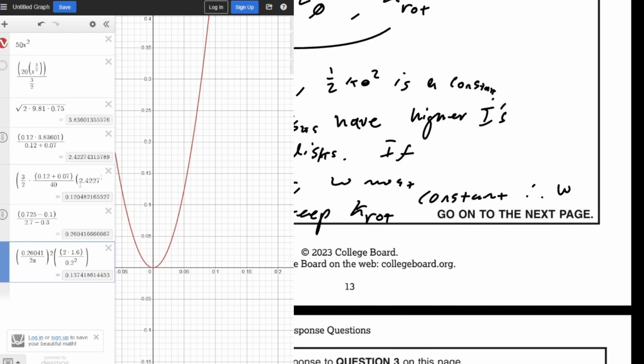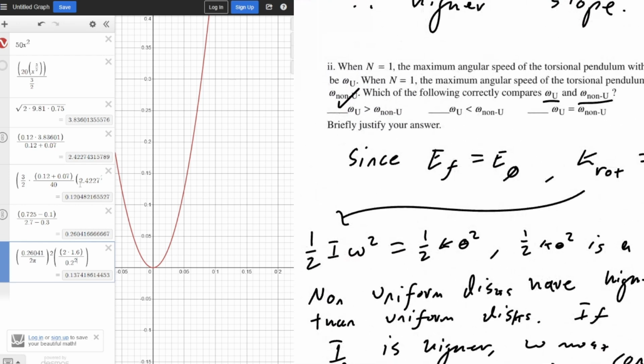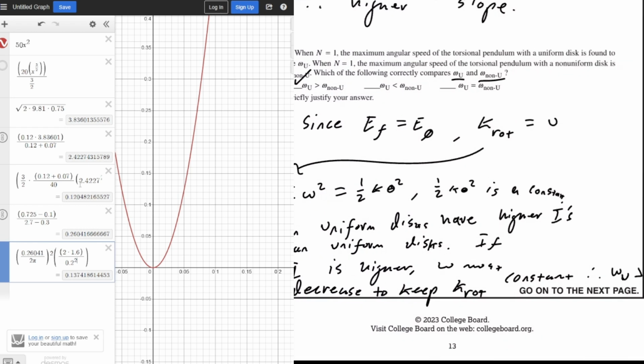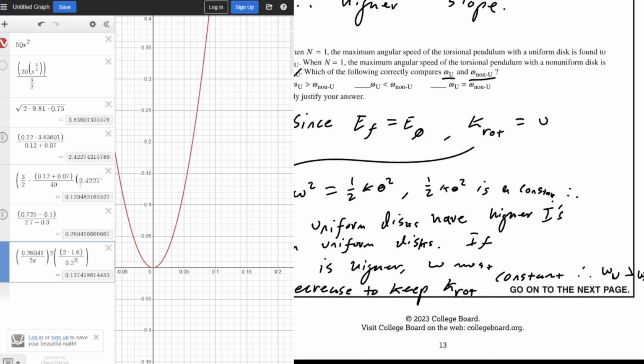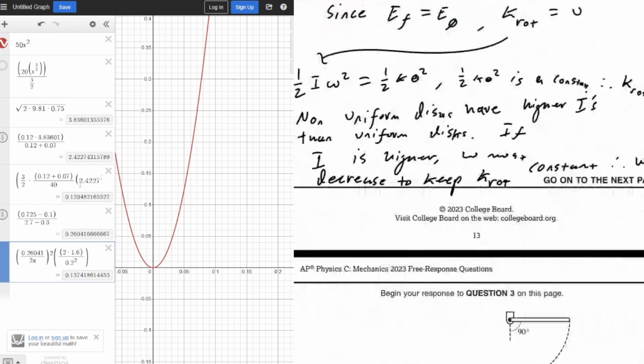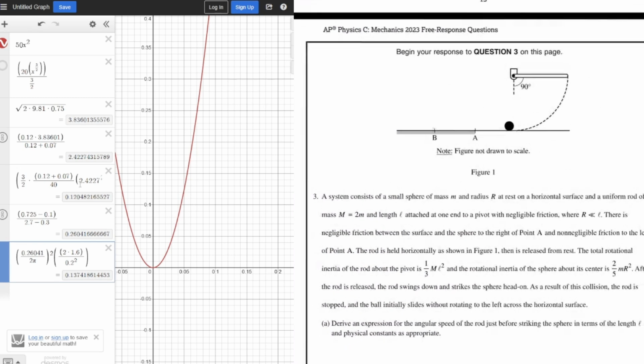Therefore, W_u is greater than W non-u. And I should have just put, since U is constant, therefore K rot is a constant. You get the idea though, that's this constant. All right, next question. And if you have any questions on that, please, in the comments, I'd love to answer them.